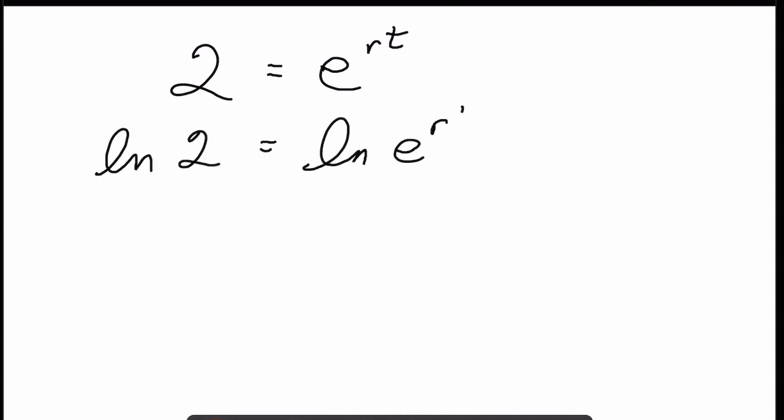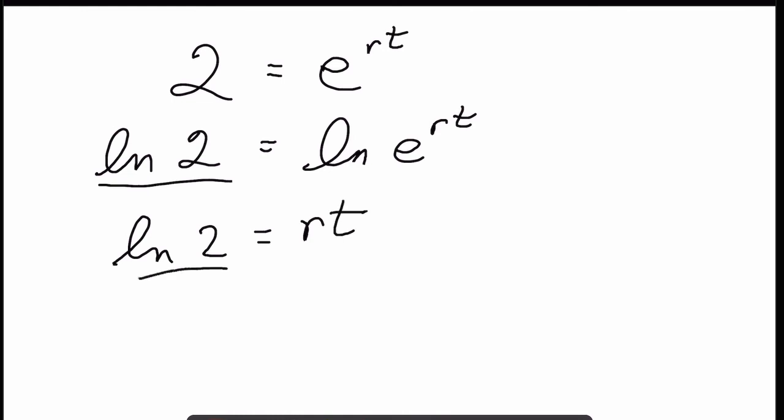I take the natural log of both sides. And what I get is the natural log of 2 equals RT. What's the natural log of 2? Well, it's about 0.69.